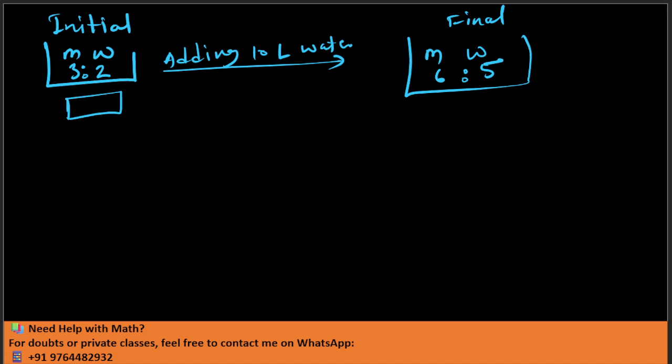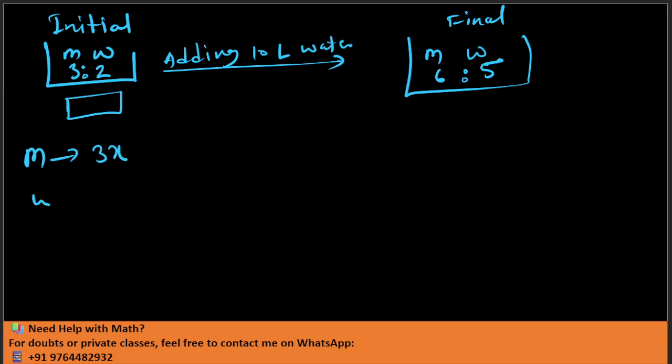So here we have given the ratio of milk to water. But we know that if we have the ratio, then we can write it into quantity also. How? So I have milk, this is the ratio, right? If I want to take it into quantity, then I have to write 3x, right?